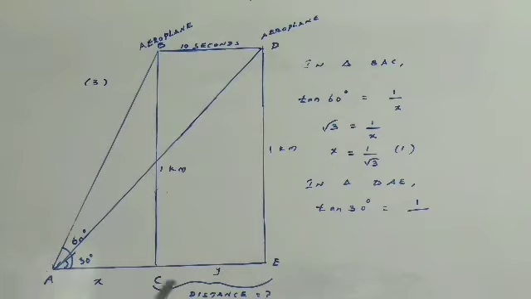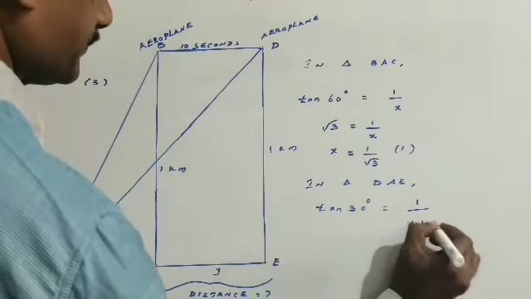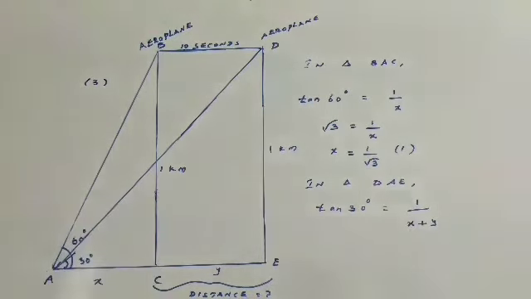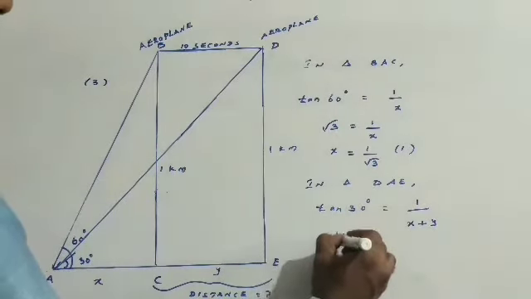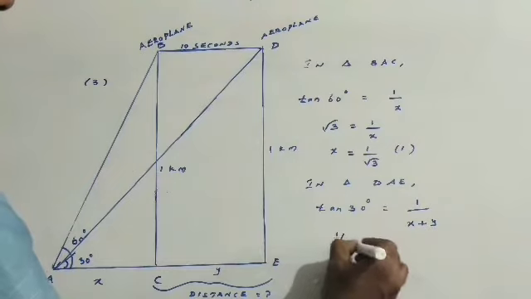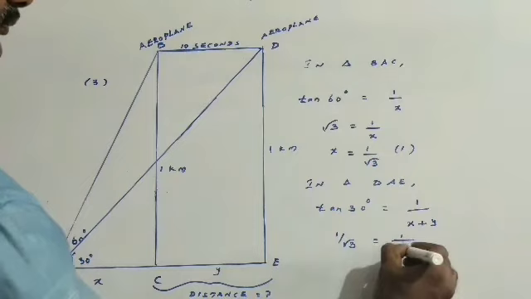So the part AC is X, the part CE is Y. So AE means X plus Y. We note that the value of tan 30 is 1 by root 3, equal to 1 by X plus Y.